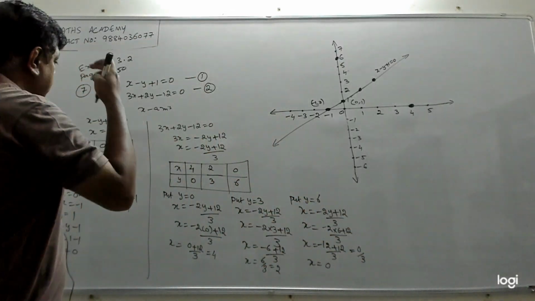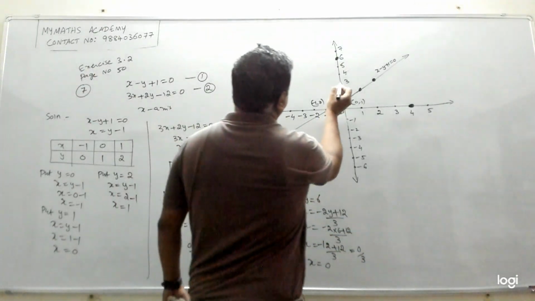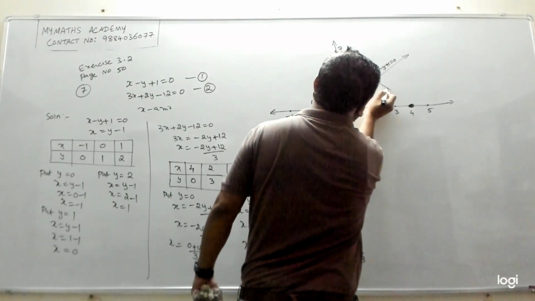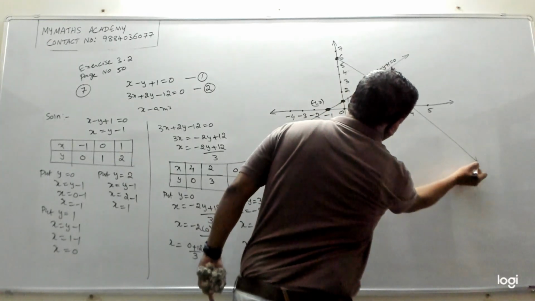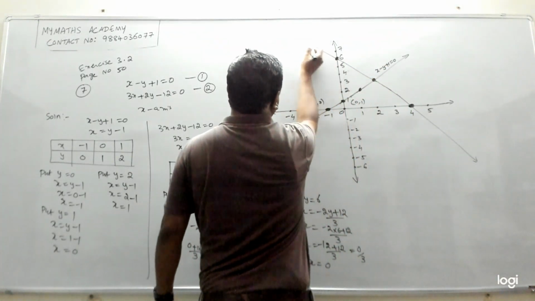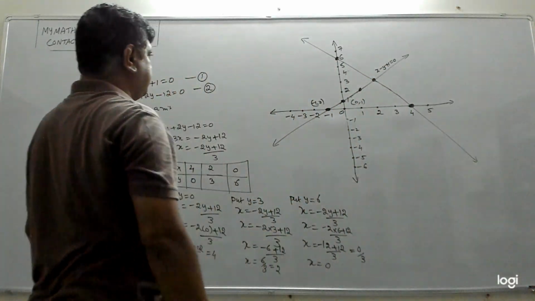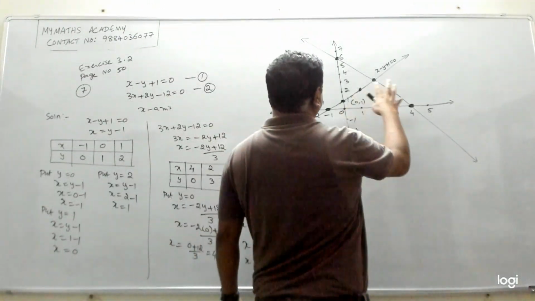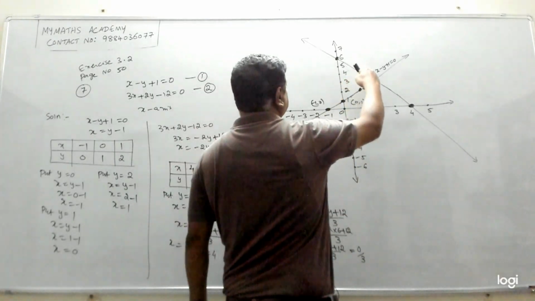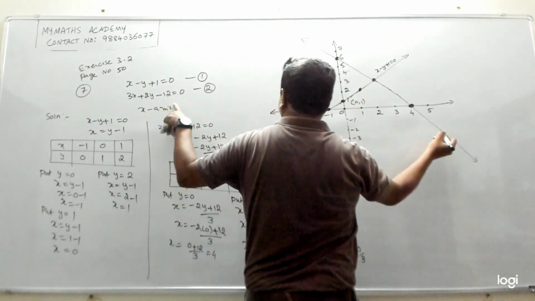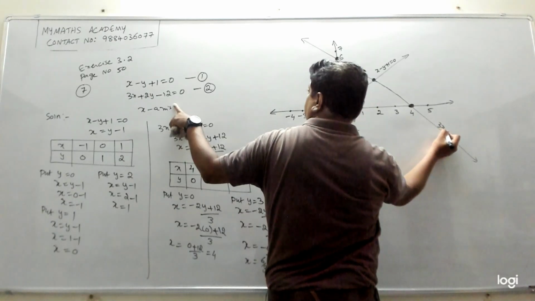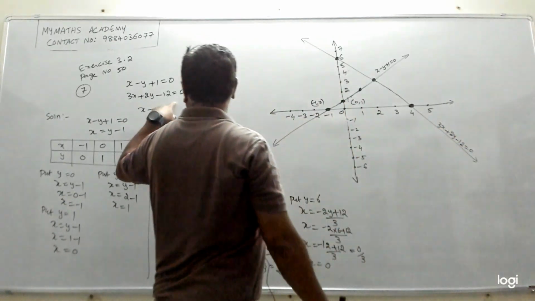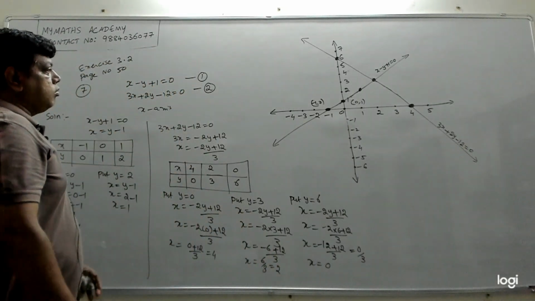Now we need to draw a line joining these 3 points, passing through this. Correct? So now we have drawn the lines for these two graphs. This graph is 3x plus 2y minus 12 equal to 0. That is this graph.